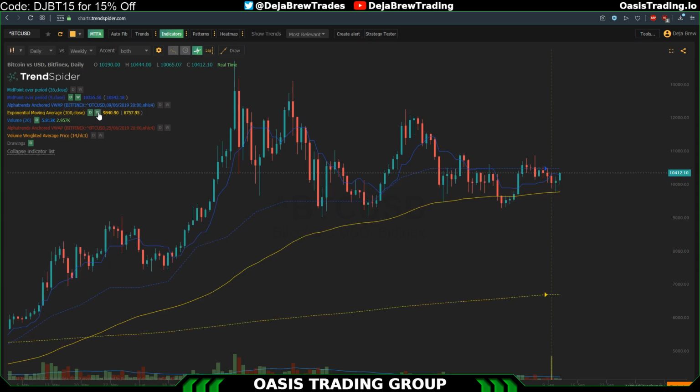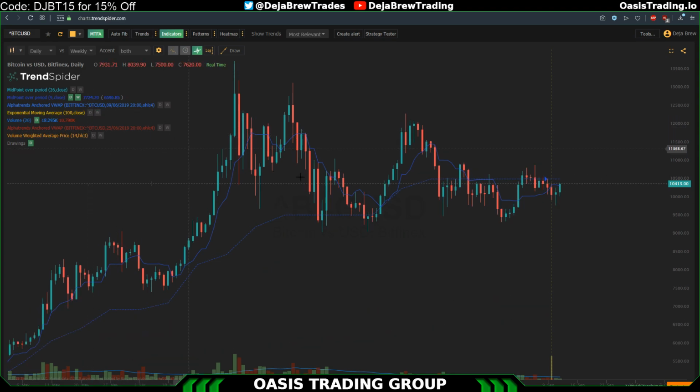Another really cool thing about this is when you have them both turned on, it gives you both prices. So you can see if my cursor is here, the 100 EMA on the daily is 9,800. The 100 EMA on the weekly is 67.57. So it gives you both values on the left side here. For right now, I'm going to turn that off.